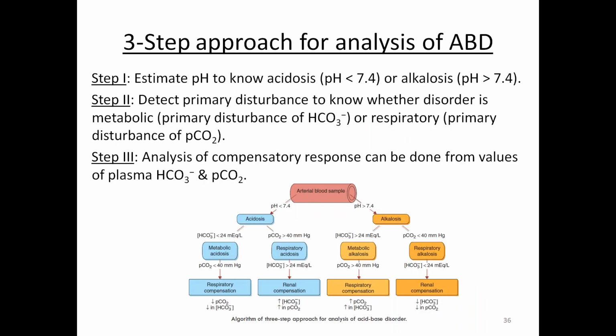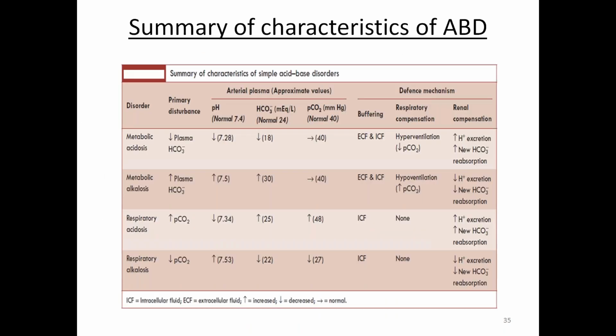You should know about the three-step approach for analysis. I don't think we could have done a more thorough analysis of this. We took around 7 examples, so I hope there is some clarity. And this table is the crux of everything that we spoke about today, so very important.